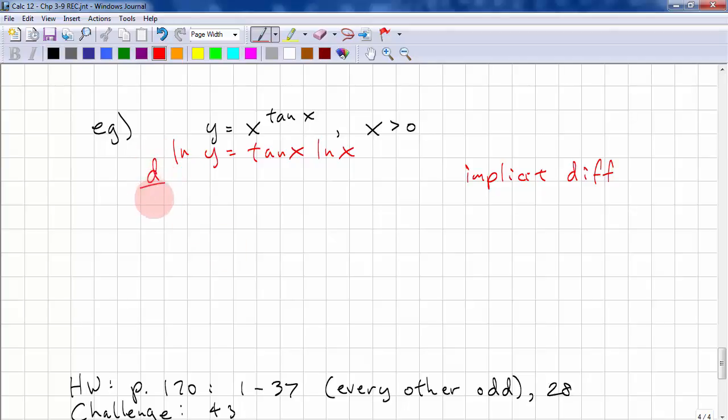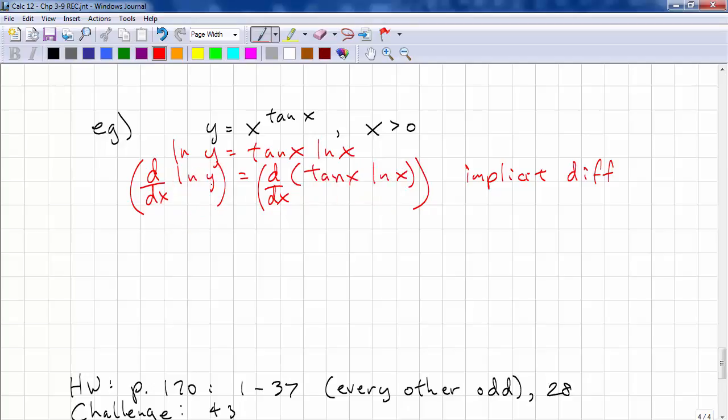So ddx of ln y equals ddx of tan x ln x. This is a product, so we must use the product rule. But first, let's deal with this side.